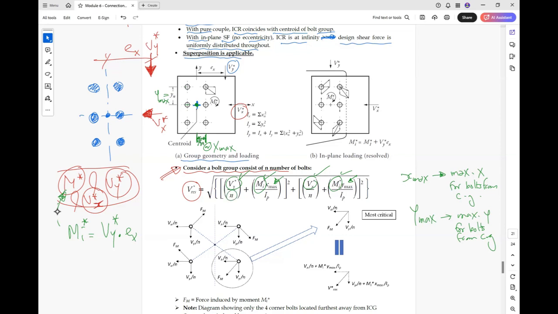N is the number of bolts, which is 6 in this case. And Ib is equal to Ix plus Iy, where Ix is the summation of xn squared and Iy is the summation of yn squared.